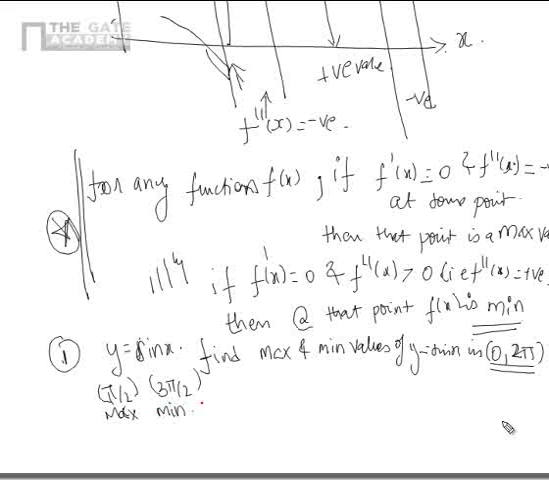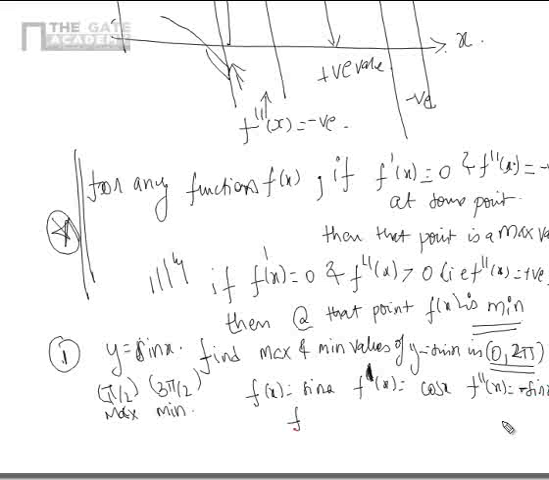But let us evaluate using this method and prove that we are correct, and let us check that our results are correct. So first thing is f of x is equal to sin x. So f dash of x will be cos x, and f double dash of x will be minus sin x.